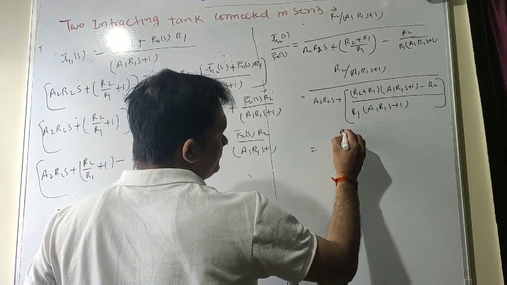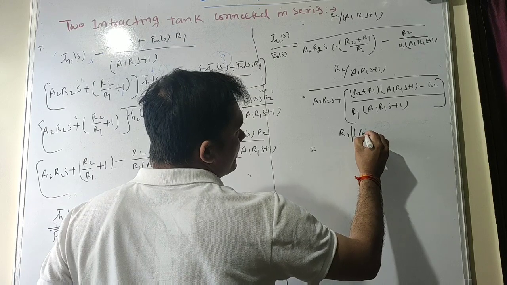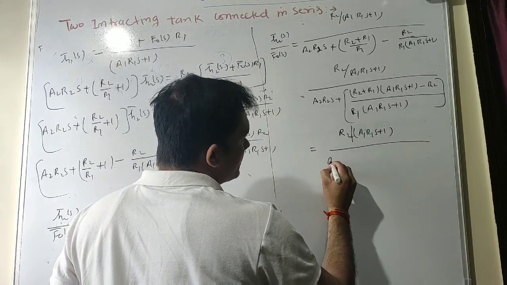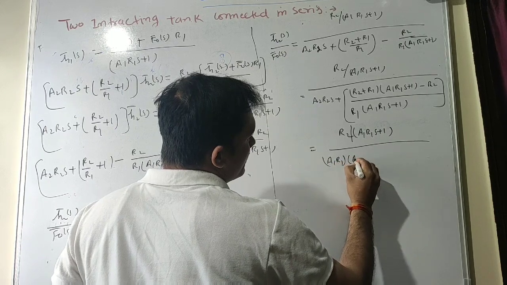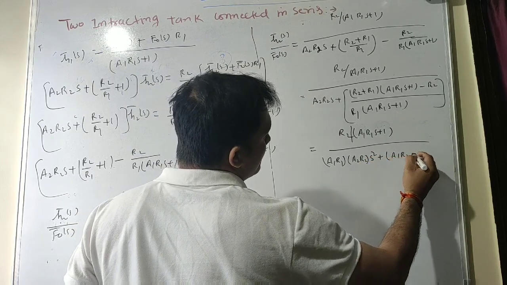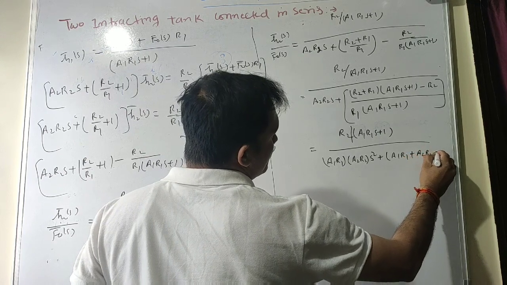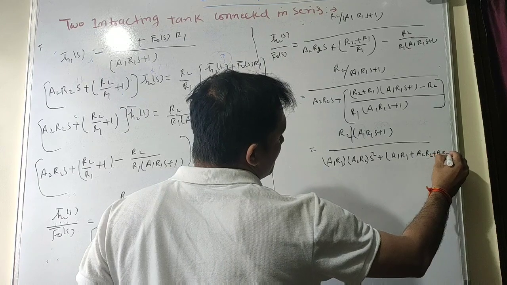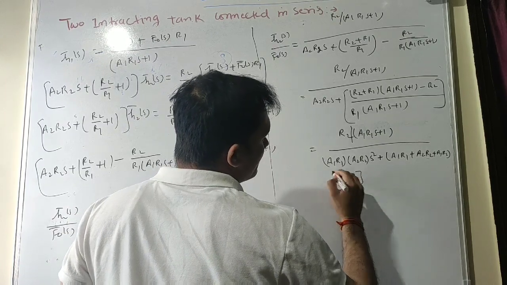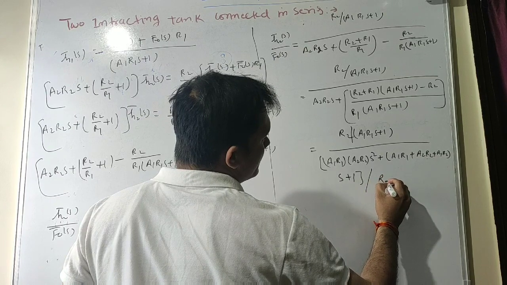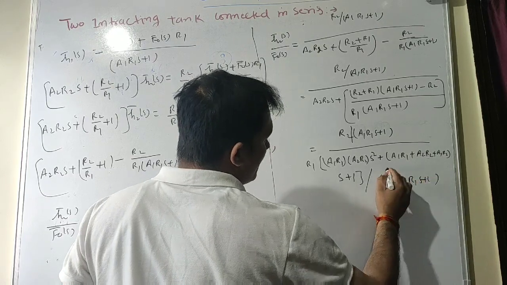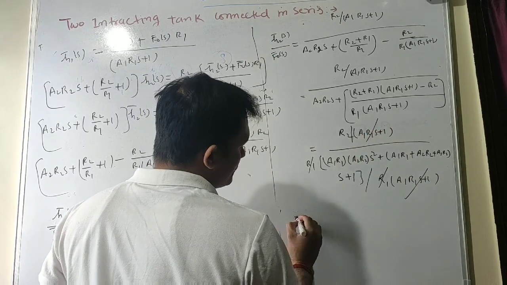Now on solving we get r2 upon a1 r1 s plus 1 divided by a1 r1 into a2 r2 s square plus a1 r1 plus a2 r2 into a1 r2 s plus 1 divided by r1 into a1 r1 s plus 1. So r1 and r1 cancel out, and this will also cancel out.